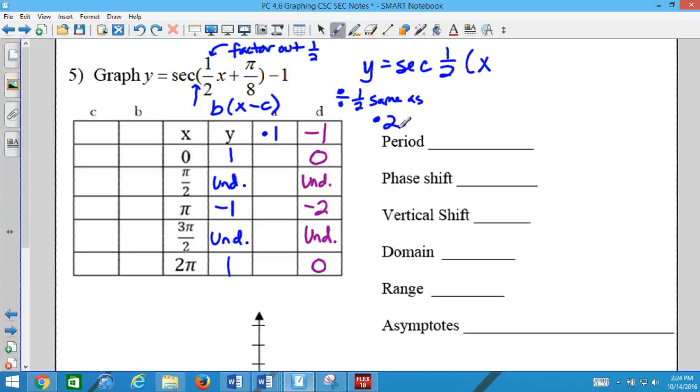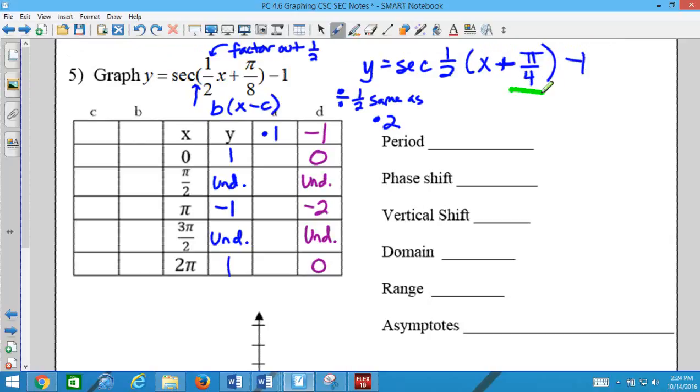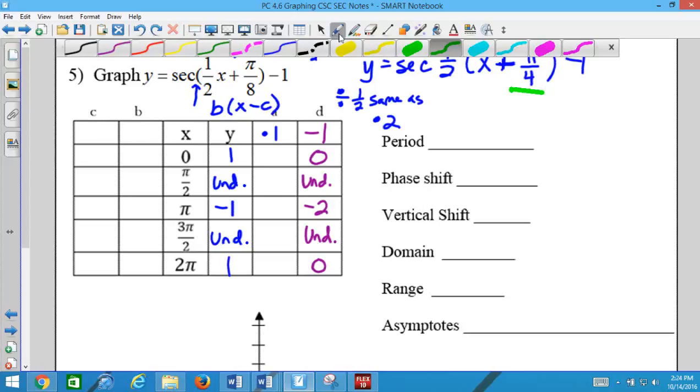So when I go to do this term, the c term, I need to multiply that by 2. So if you have to factor out the b value, you've got to make sure that your c value is also changing. That would be a place where I see mistakes happen often.